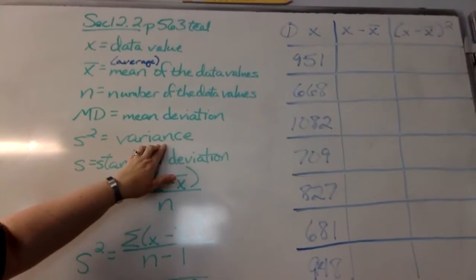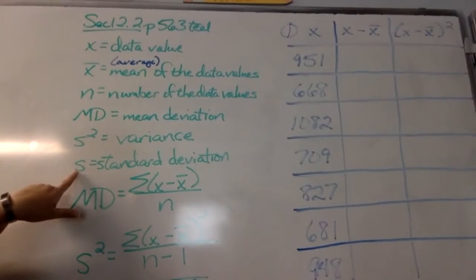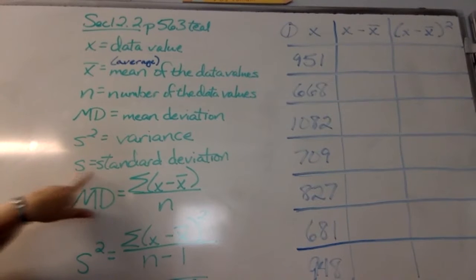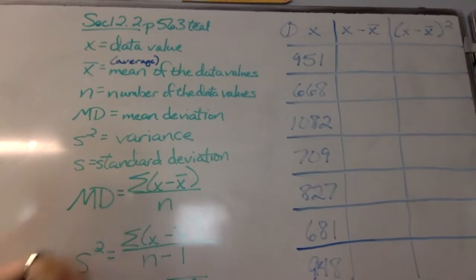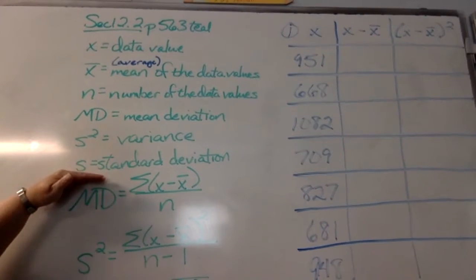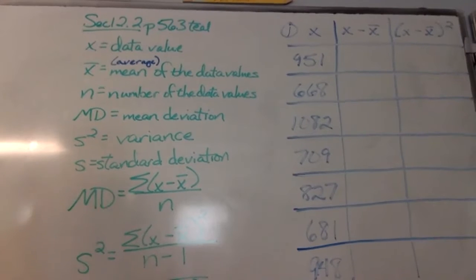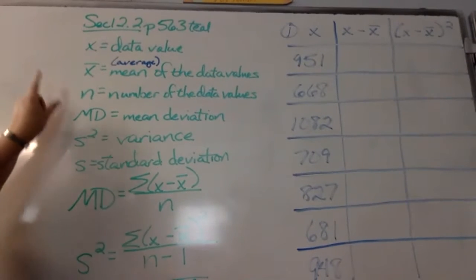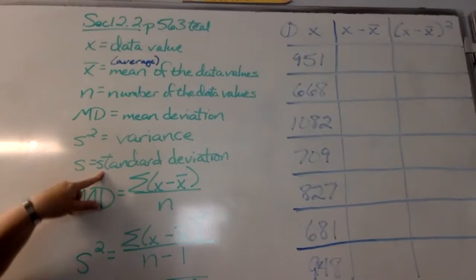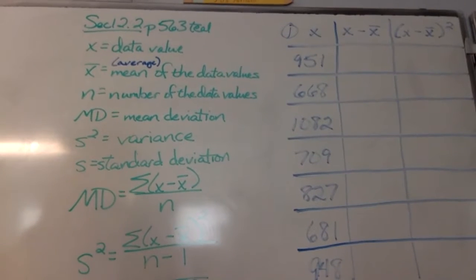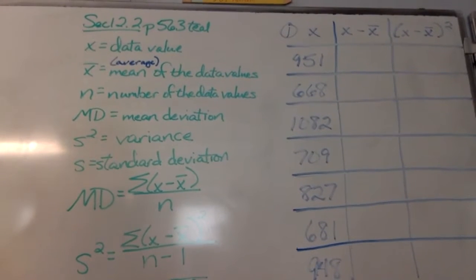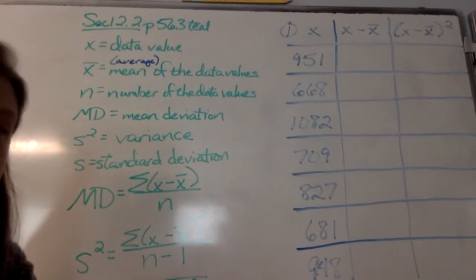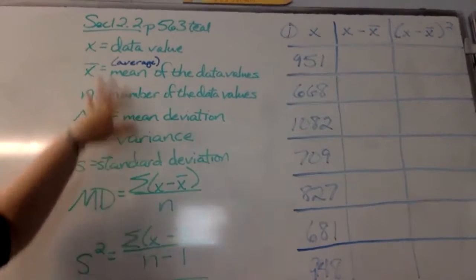And we'll talk a little bit more about what that means. Or when you have just the single S by itself, that's our standard deviation, which is our focal point to get to. But you kind of have to use the mean deviation and the variance to get to the standard deviation.